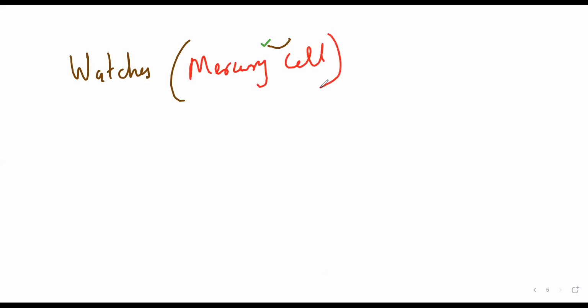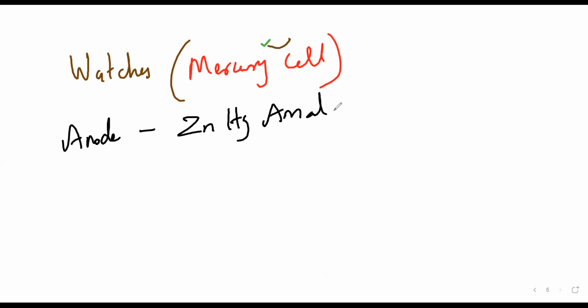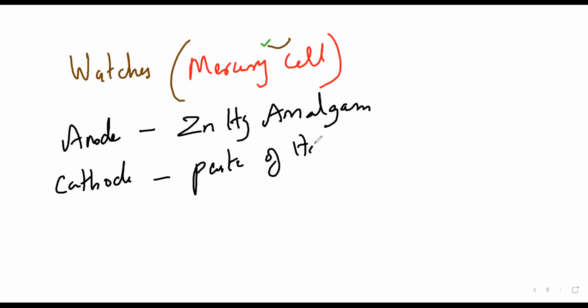So here the important thing is what the anode and cathode are. For everything we need the anode and cathode. The anode is nothing but zinc mercury amalgam, in the sense a paste. The cathode is a paste of mercury oxide and carbon.